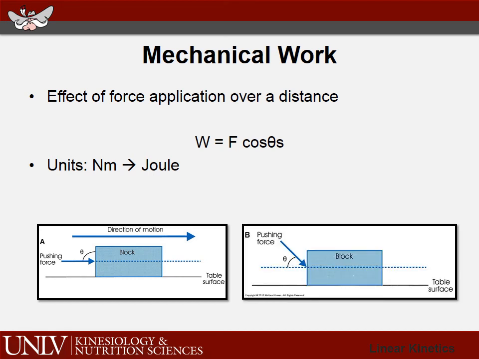Now, if I'm pushing at an angle or pulling at an angle, this is where you would include that cosine of theta from the direction of push to the motion of the system. So this is where you can figure out whether it's more effective to push or pull, or push from a certain angle and pull from a certain angle, and you would use this equation.